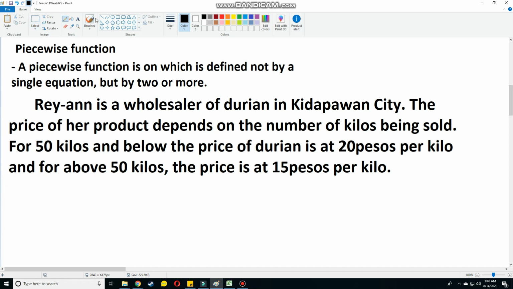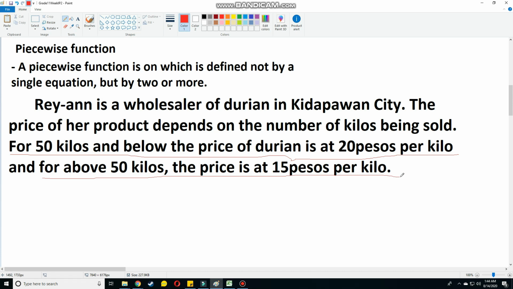As I have mentioned earlier, when we say piecewise function, there is a certain condition or boundary at which our values would change. Let's focus on these sentences. For 50 kilos and below, the price of durian is 20 pesos per kilo. And for above 50 kilos, the price is 15 pesos per kilo.